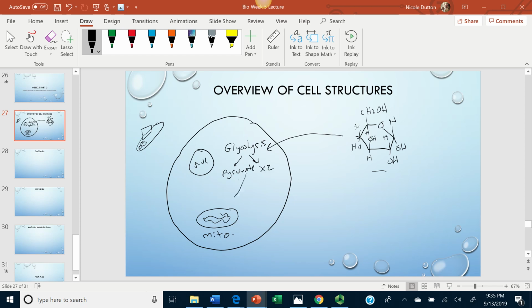And those pyruvate are going to go into the center of the mitochondria. In the mitochondria, they're going to go through the Krebs cycle, and then they're going to go through the electron transport chain. And eventually, you're going to end up producing energy. So let's learn about how.